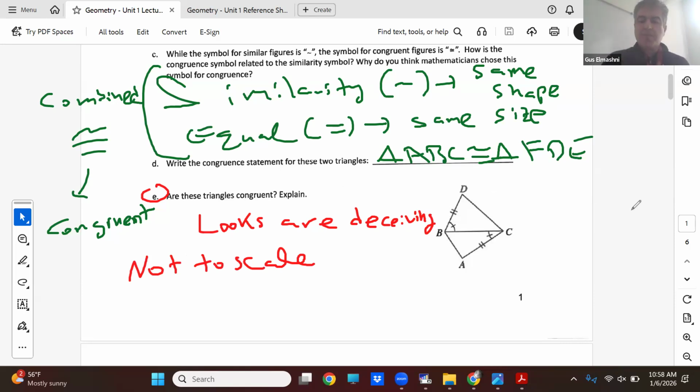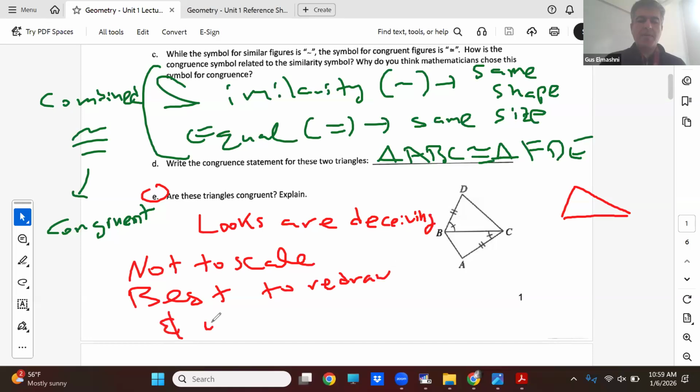So what I do is this. I like to actually redraw the triangles. So best to redraw and reorient each triangle.